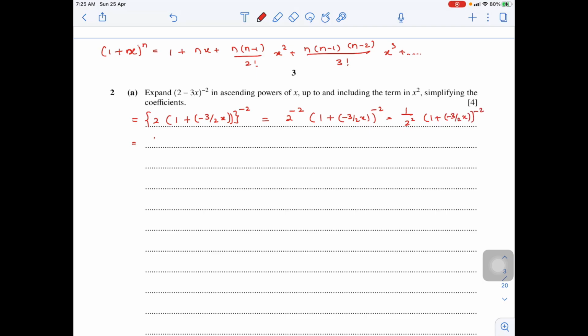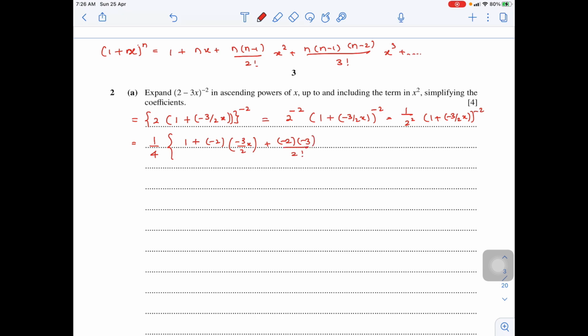The negative power goes to the denominator, becomes a positive power, 2 squared, 1 plus negative 3 over 2x to the power negative 2. So that's a quarter, 1 over 2 squared is a quarter, 1 plus nx.